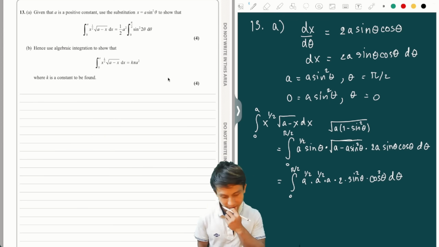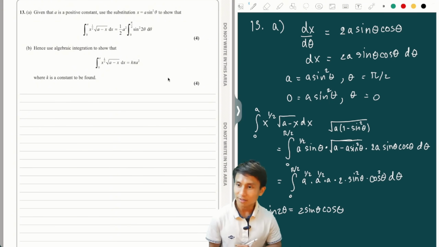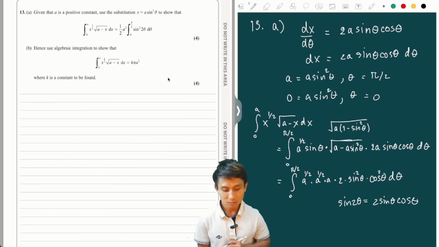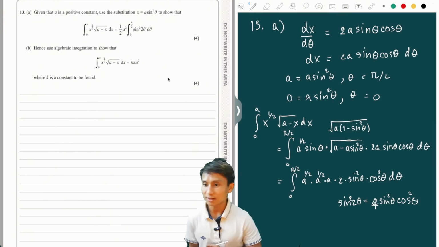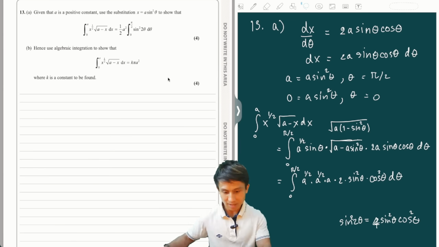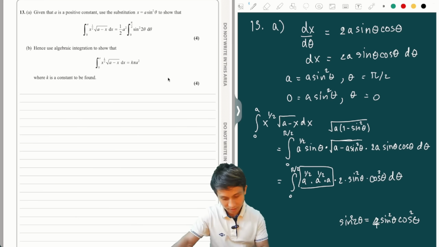Because we know sine 2 theta is 2 sine theta cos theta, if you want to square this, then you get everything squared. So that would be 4 of the sine squared and cos squared, so this whole group would be a squared.